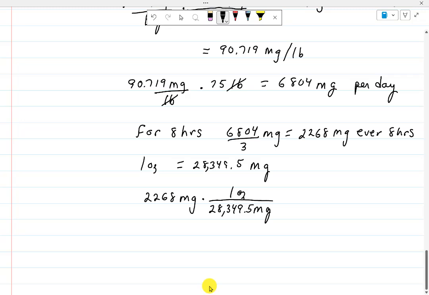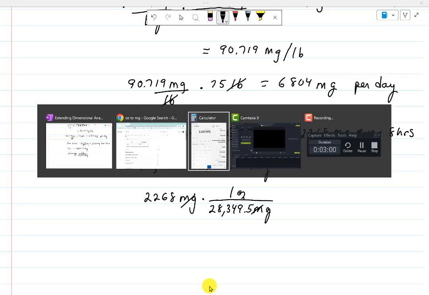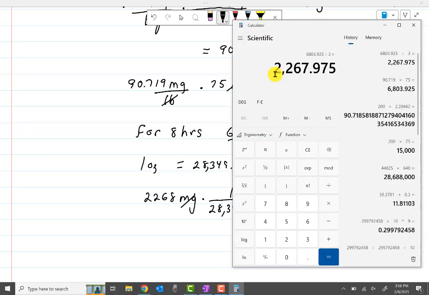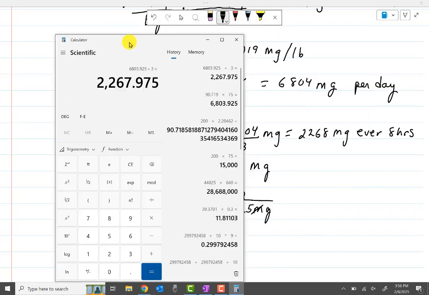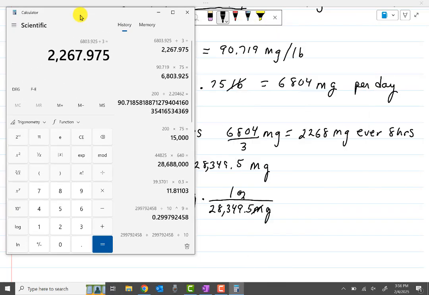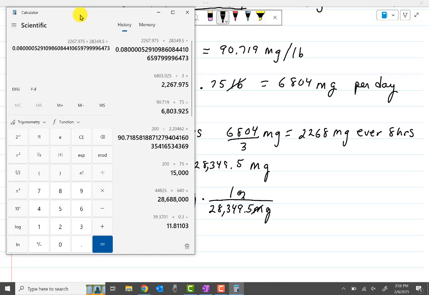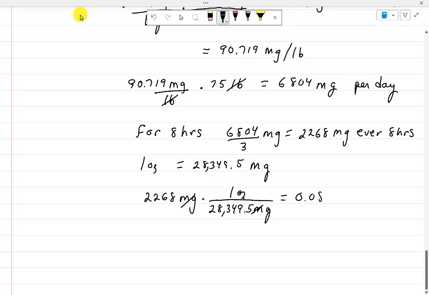And I'll put 1 ounce up here. So let's cancel the milligrams and then see what we have. Let's just divide that by 28,349.5, and it looks like 0.08 of an ounce. And that looks like his daily dose in terms of ounces.